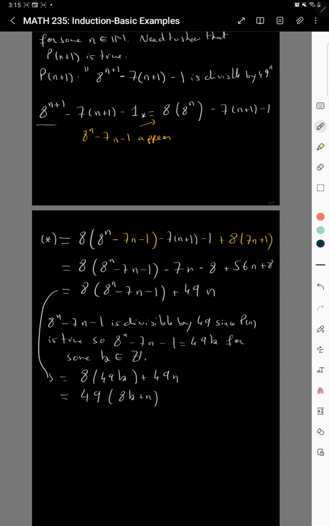This is just 8 to the n plus 1 minus 7 times n plus 1 minus 1. Hence, 8 to the n plus 1 minus 7 times n plus 1 minus 1 is equal to 49 times 8k plus n, which implies it is divisible by 49.